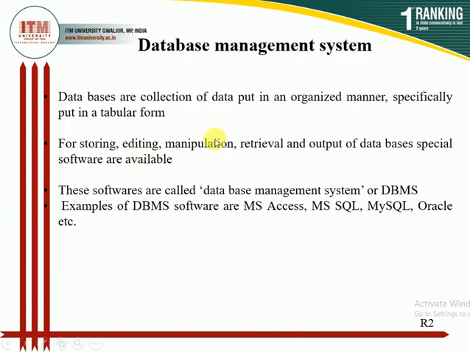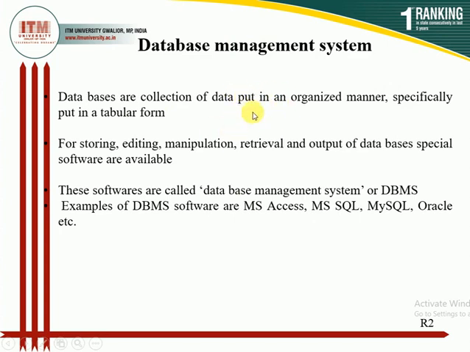What is a database management system? A database management system is a particular management system where different types of data are stored and captured in an organized manner. There are various types of data like tabular data or graphical data or data in a map form. So all those data are stored in a particular place or a particular system that is considered to be a database management system.